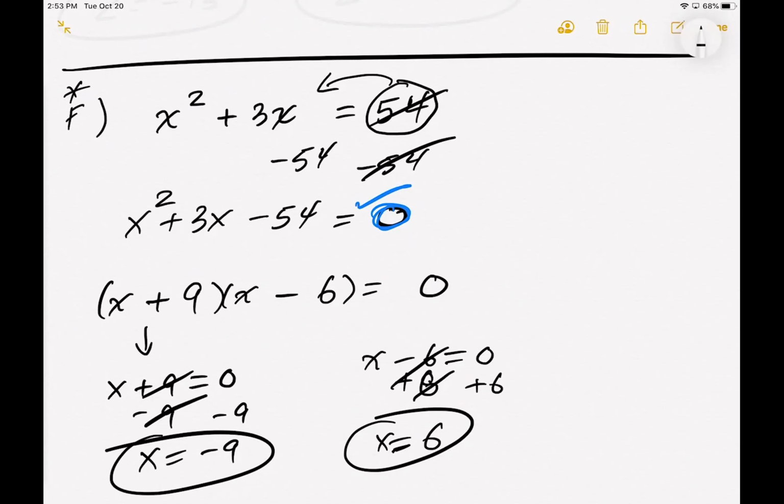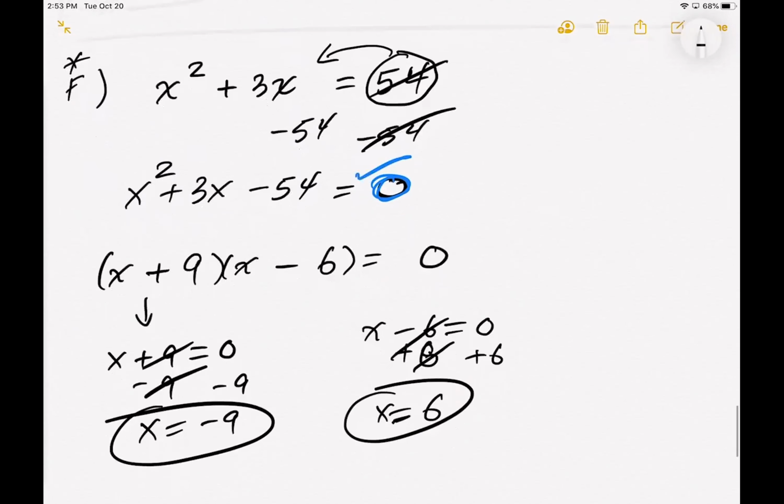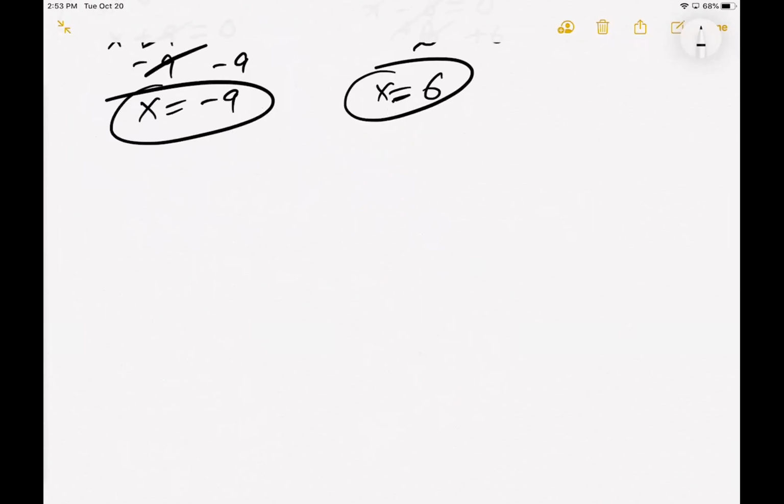Okay. Similarly, let's try another one. Let's take a look at G, and let's say if you have x squared plus 36 equal to 12x. Again, similarly to the previous problem, is this equal to 0?